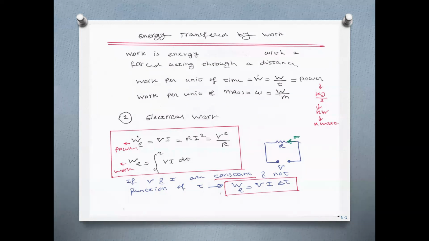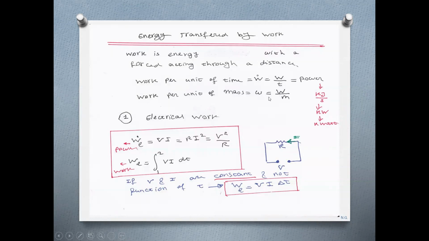So it's either joule per second, which is watt, or kilojoule per second, which is kilowatt. And work per unit of mass we denote with lowercase w, which is capital W divided by M, the mass of the system.